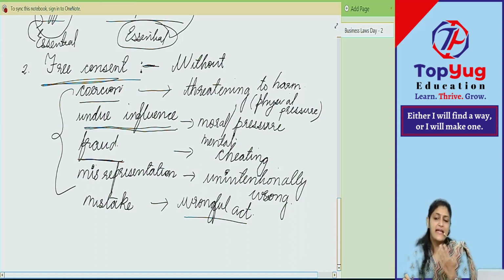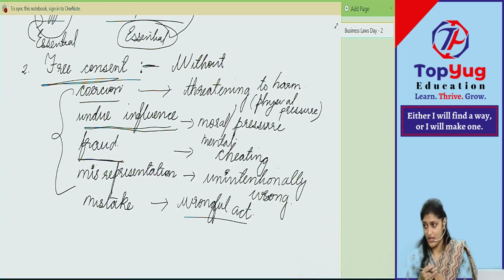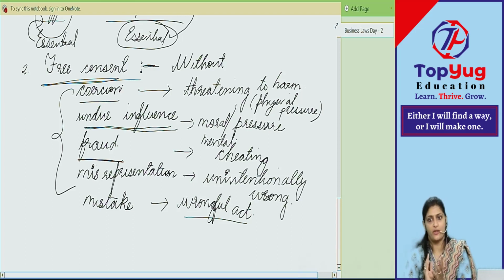Mistaken about what here? Maybe the subject matter, maybe the consideration, maybe the terms of the contract. We are mistaken about something.